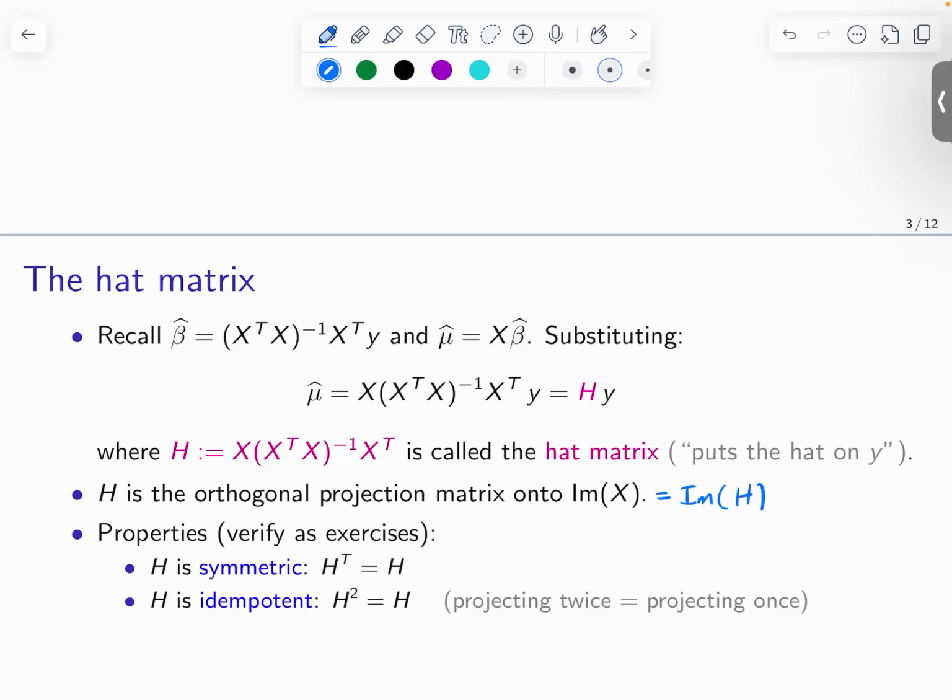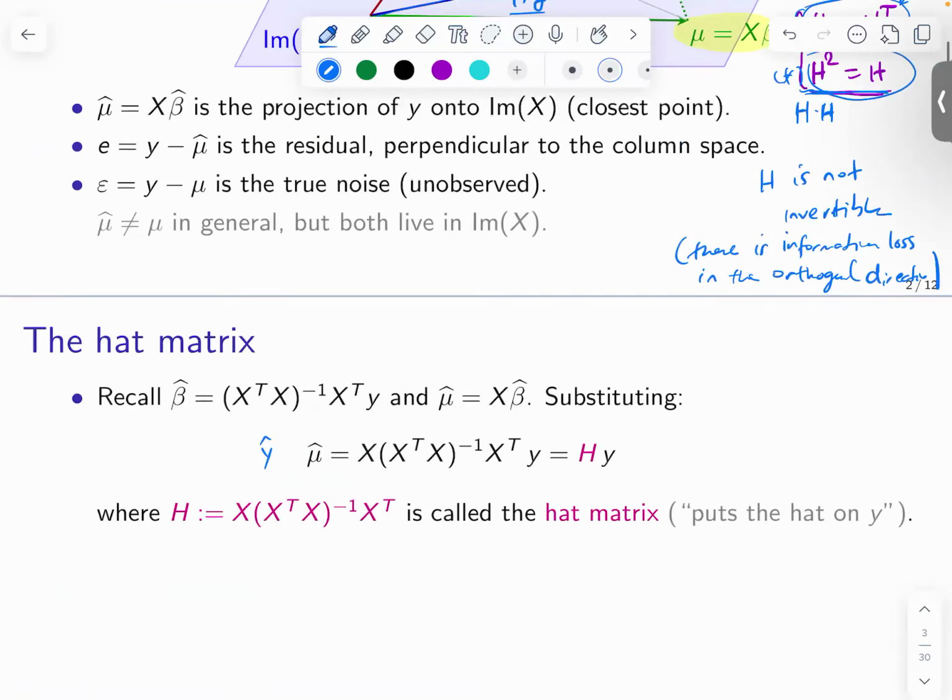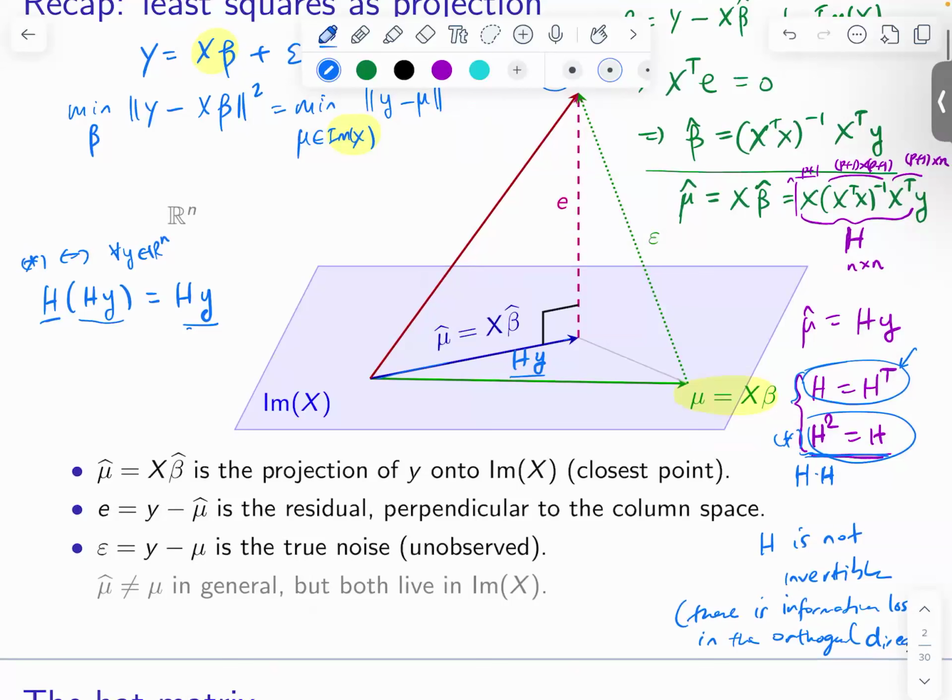And so you start from some X with certain columns and you form this H. This H is going to be associated with the subspace. So you lose the information about X. There could be multiple different design matrices for which you calculate this projection matrix and get the same projection matrix. The projection matrix is uniquely identified by the subspace. You don't need to worry about the X underlying it anymore.